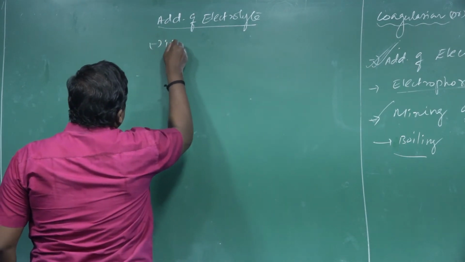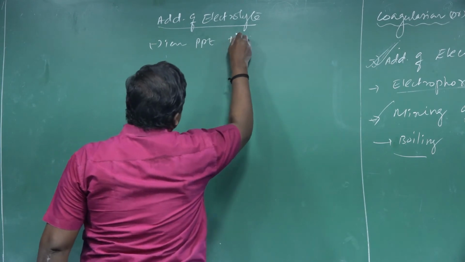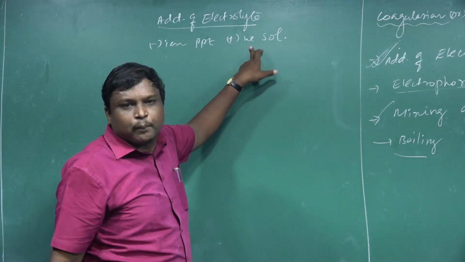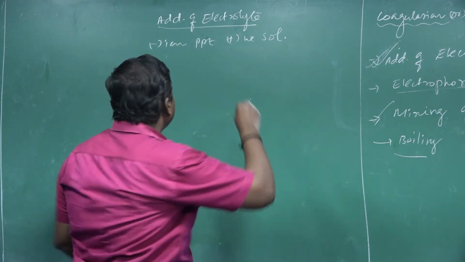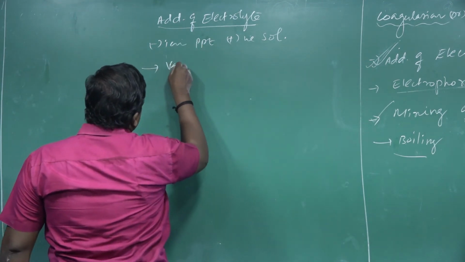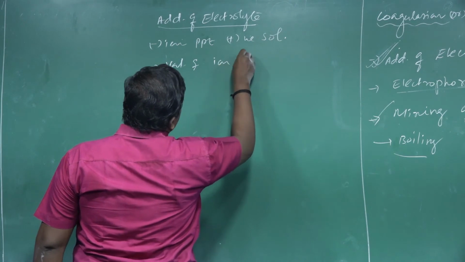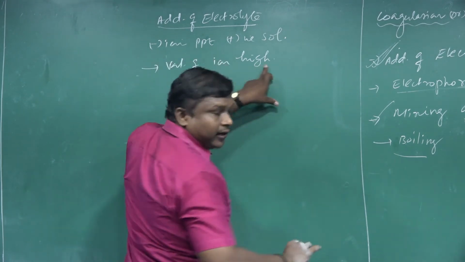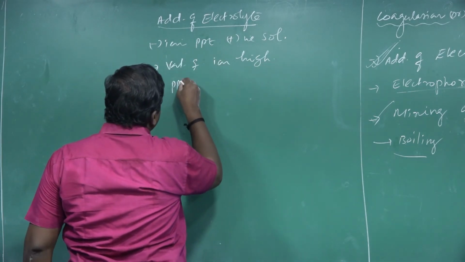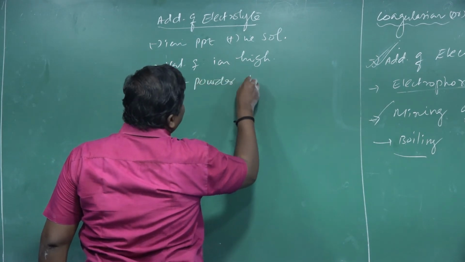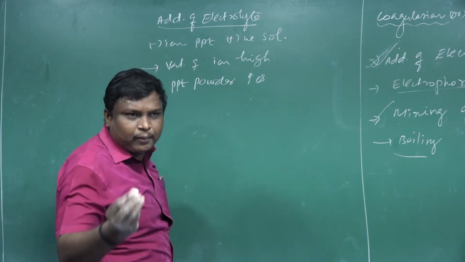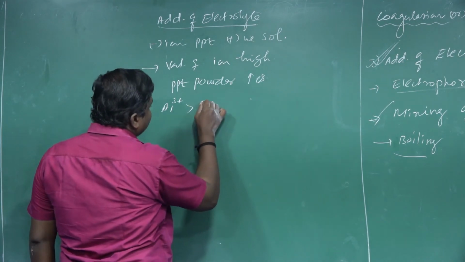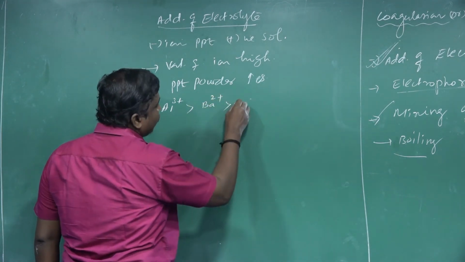If a negative ion precipitates a positive salt, the one with a positive charge, the higher the valency of the ion, the more the precipitation power increases. For example, Al3+ is greater than Ba2+ is greater than Na+.